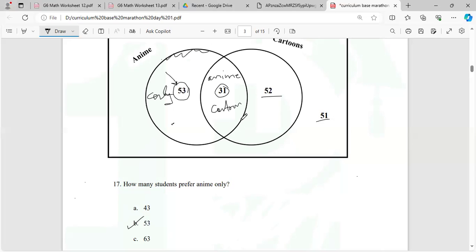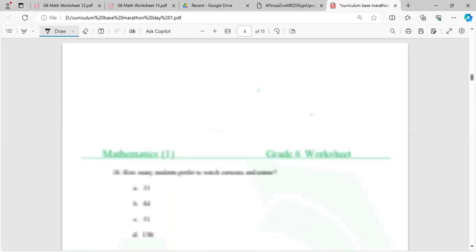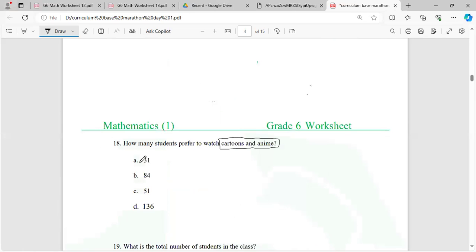So it's and. When it's and, that means you like both of them together, not or. Alright. So all of these, they love anime. But these persons specifically, this is the intersection. These are both. They like both anime and cartoon. So it's actually 31. I'm actually glad somebody said 84, so we can talk about that.